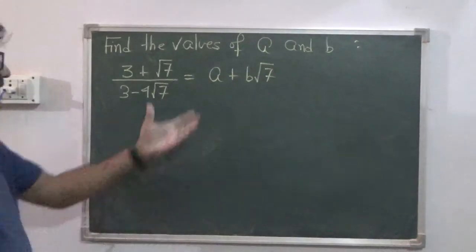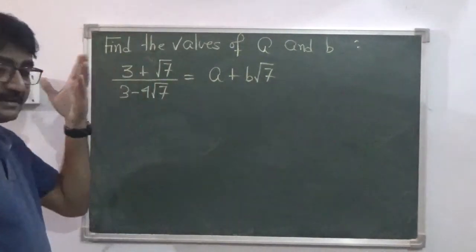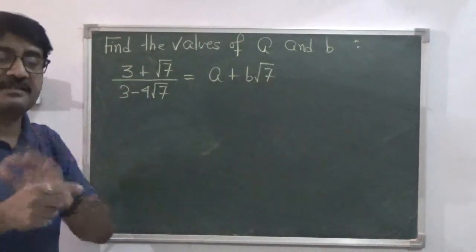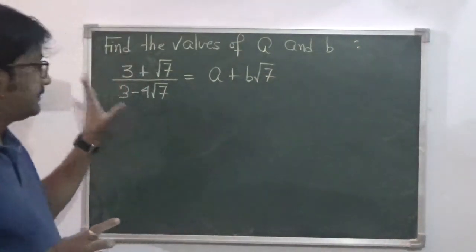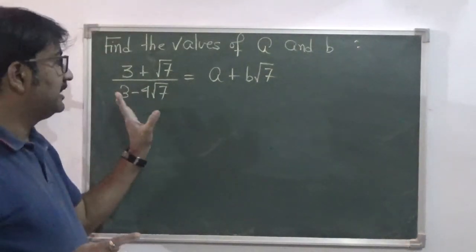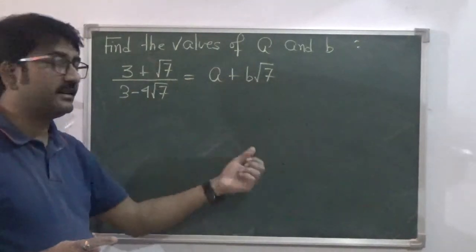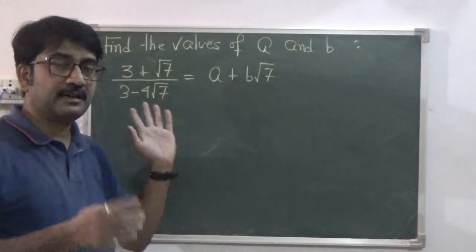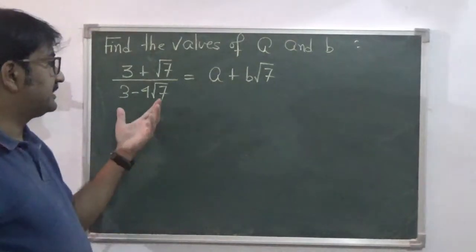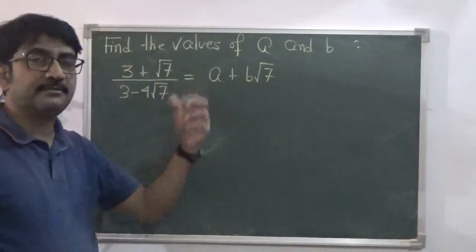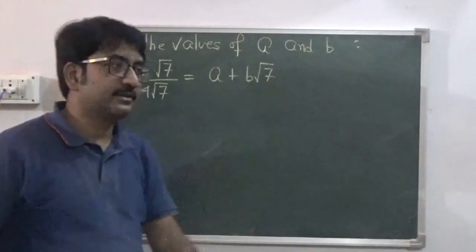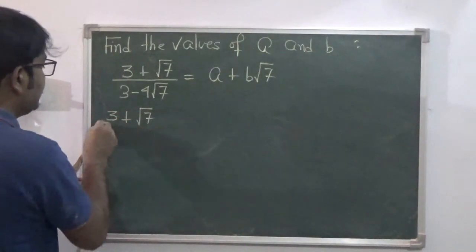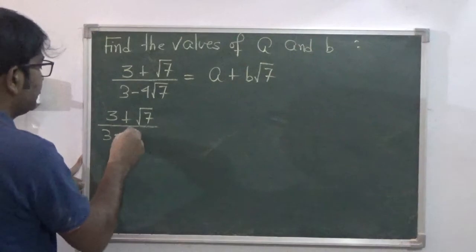What is given is, see to the left hand side, you proceed in a similar way to rationalize the denominator and finally express the final answer of this fraction in this form, and then comparing we get the values of A and B. So we rationalize the denominator and after getting the final result arrange this fraction in this form and then compare the values on both sides to get A and B. So start with the left hand side, that is 3 plus root 7 divided by 3 minus 4 root 7.